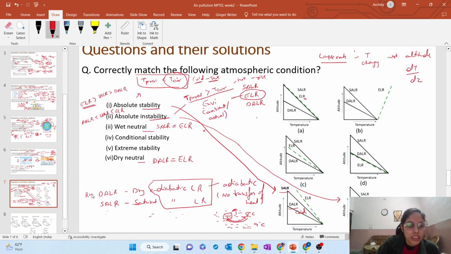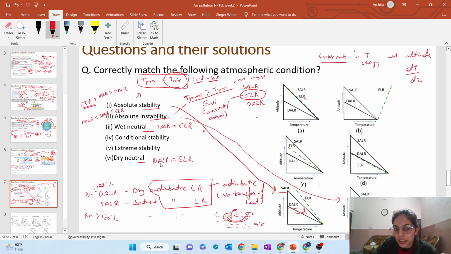If RH is less than 100% in the experiment, we call it the dry rate. If we consider relative humidity of 100% or more, we call that lapse rate the saturated lapse rate. So in neutral, either saturated or dry is equal to the environmental lapse rate.